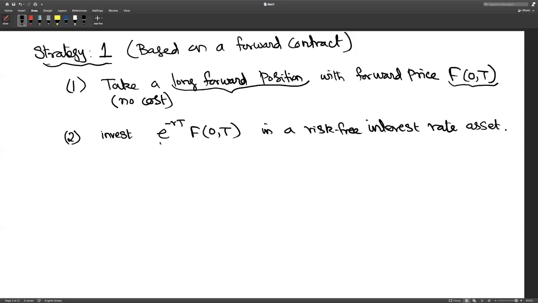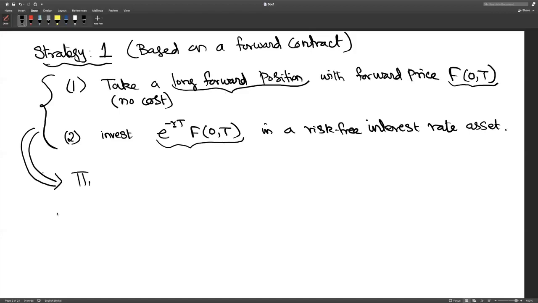Our assumption is that the bond gives you an interest rate of r for the period 0 to capital T, and the rate is not varying. So this is the strategy. This will give you a portfolio. It has the B component as this, the S component is 0, and the forward derivative component as this.